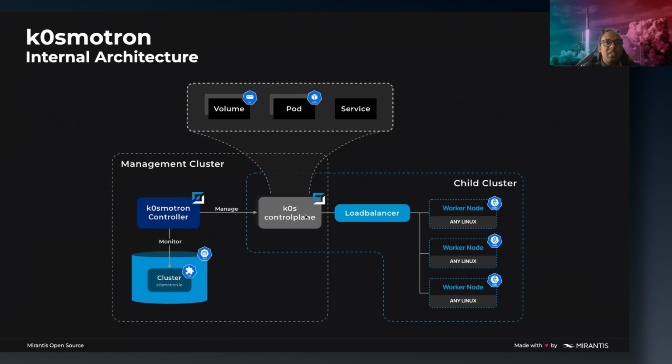The second element is that k0smotron has collocated only the essential services within the control plane, right? So you only have a few services like the etcd database or Kine database or Kube API pods, right? So it's reduced to the minimum so that the footprint of the services is very low, right?